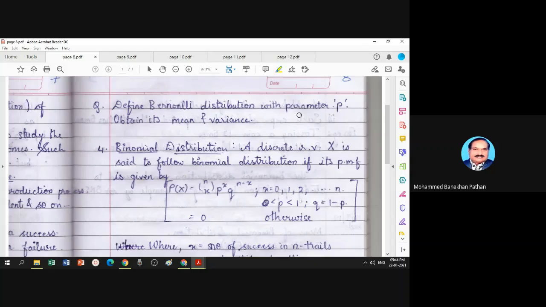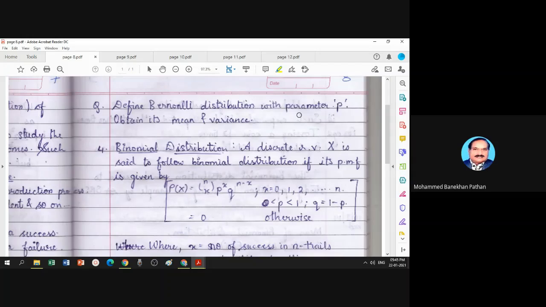So we perform such an experiment only once, it has two possible outcomes and the corresponding experiment will be labeled as a Bernoulli trial. For a Bernoulli trial, you can define the probability mass function as P(x) equal to p raised to x, q raised to 1 minus x, where x takes values either 0 or 1. In this case, p stands for the chance of getting a success and q stands for the chance of getting a failure.